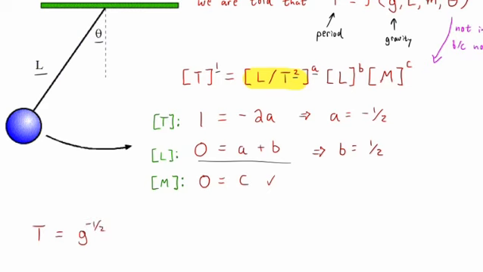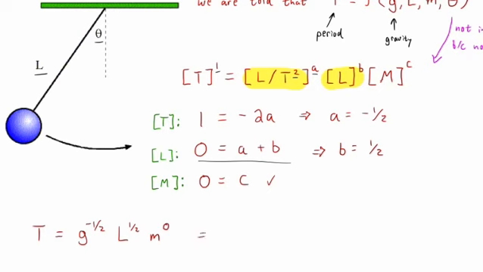And then the next expression in brackets, the length, was the dimension of the length, also uppercase L. We know that b is +1/2, so here we have L to the +1/2. Notice I've dropped the brackets because I'm moving from the dimensions back over to the actual variables. And then last we have mass, lowercase m for the variable, to the 0 power.